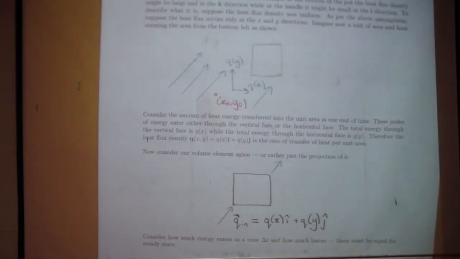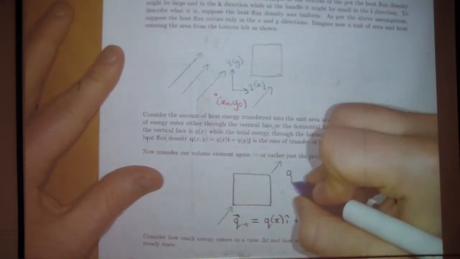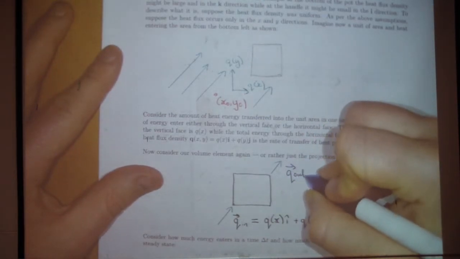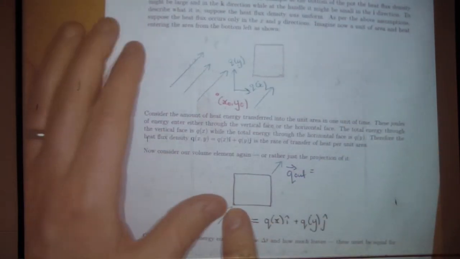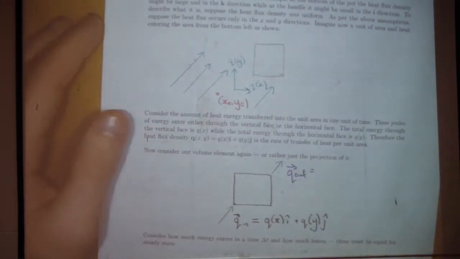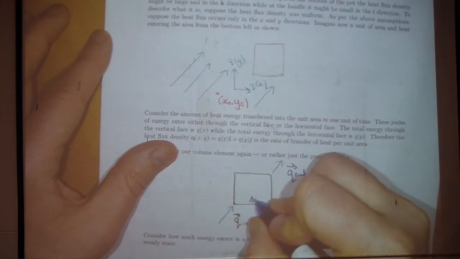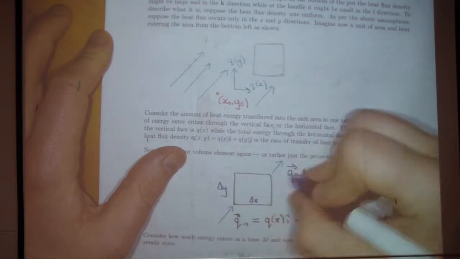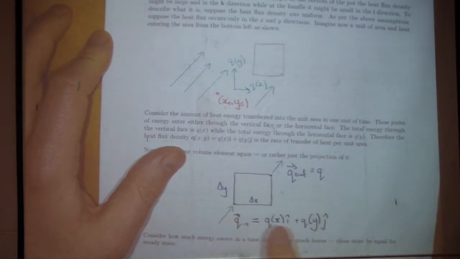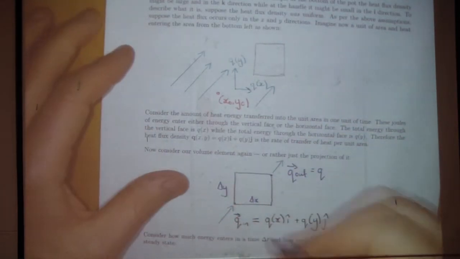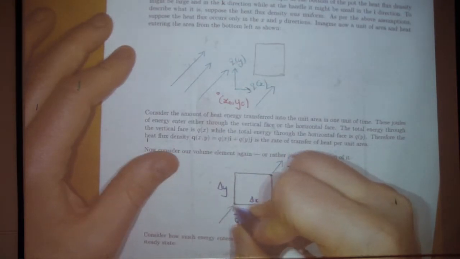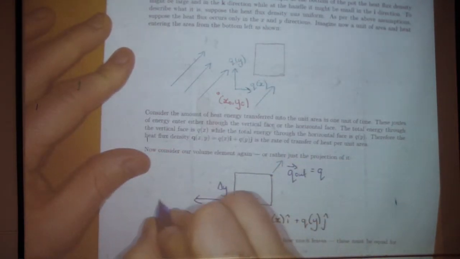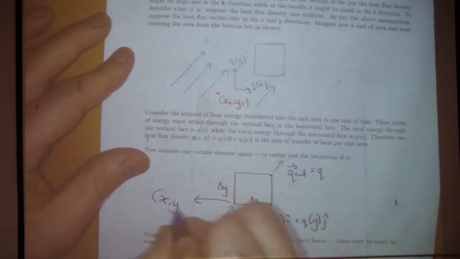So this is correct. Now, the heat flux density out is equal to, now the x coordinate is x plus delta x, because this is delta x and this is delta y. Over here the coordinate is x, y, which is what we're taking it of.